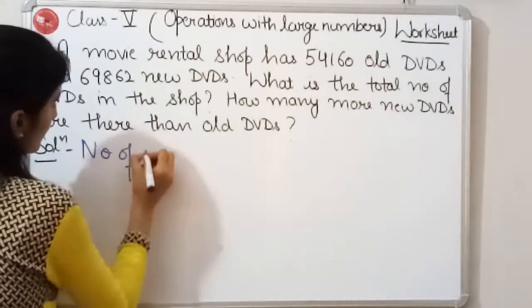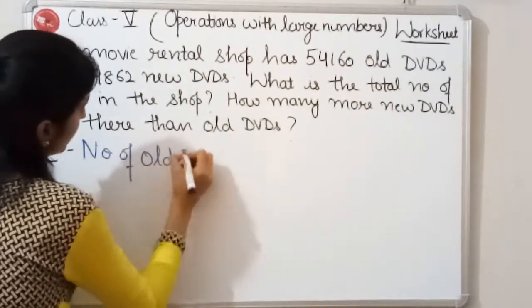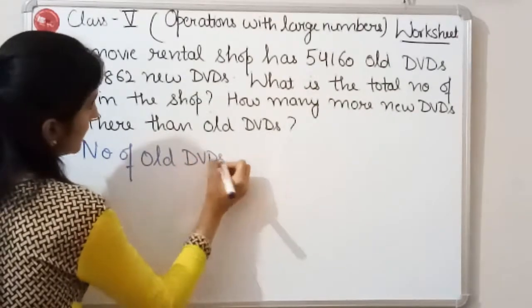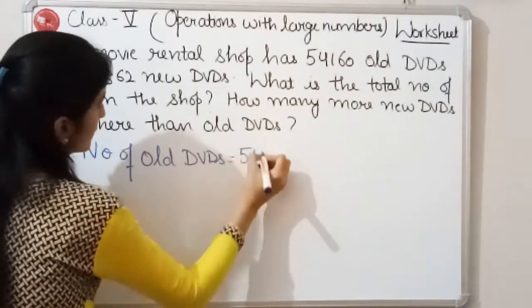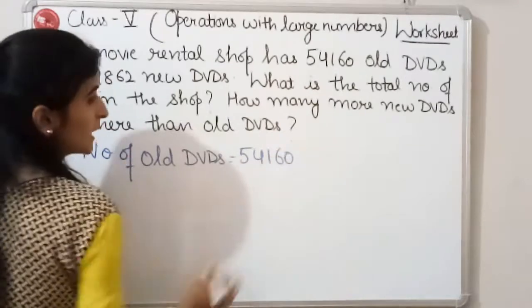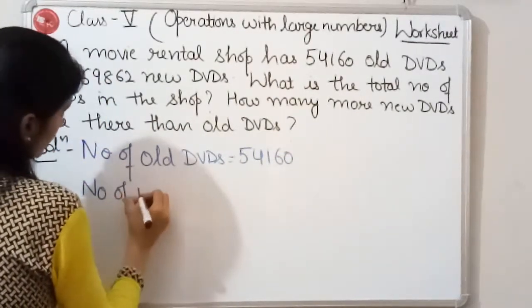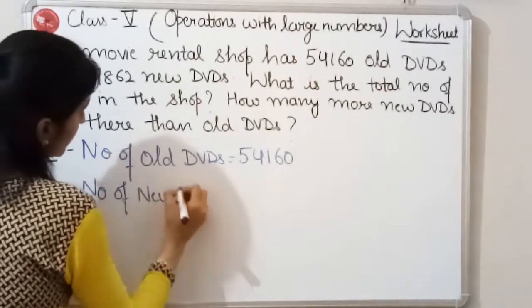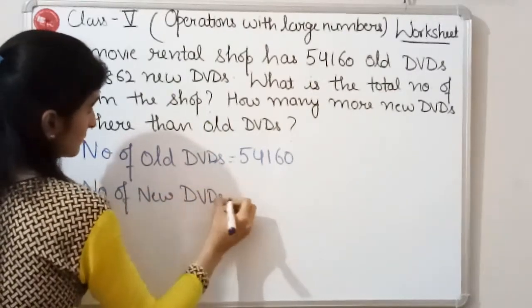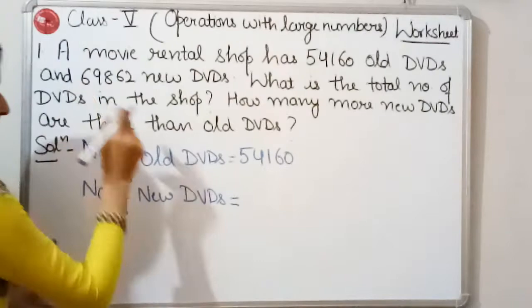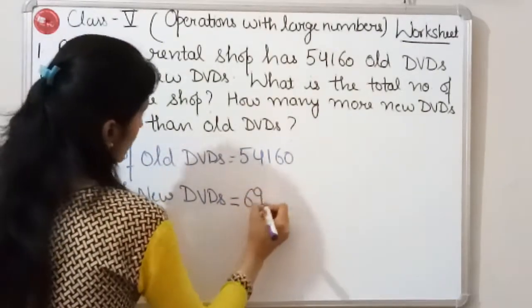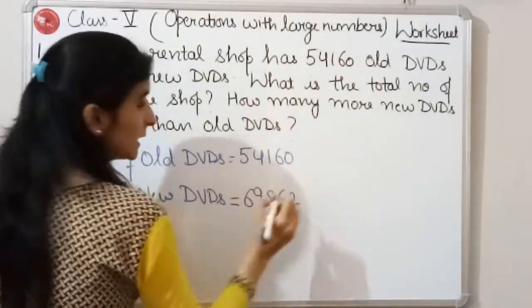So let us start. Number of old DVDs is equal to 54,160 and number of new DVDs is equal to 69,862.